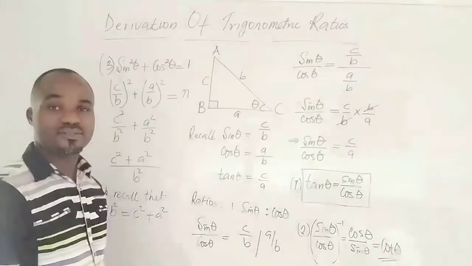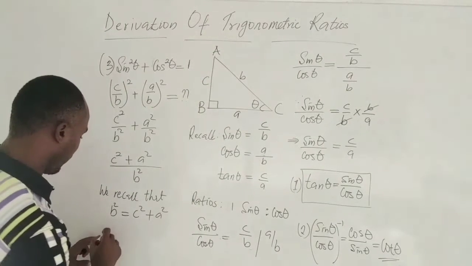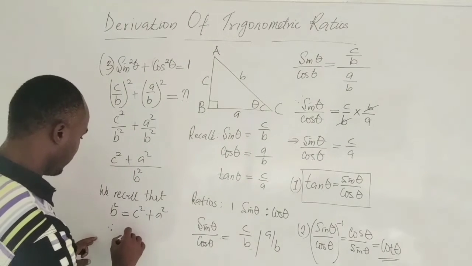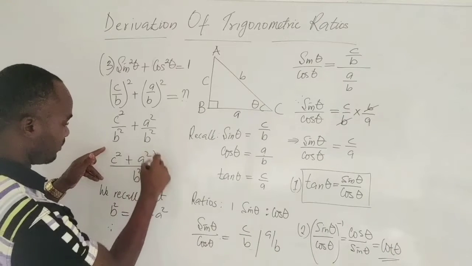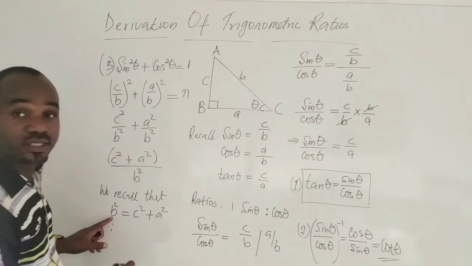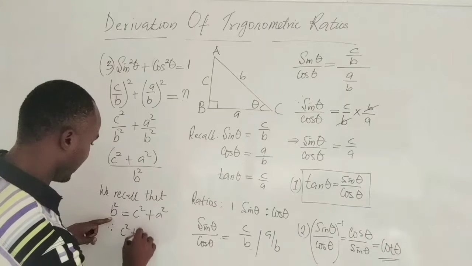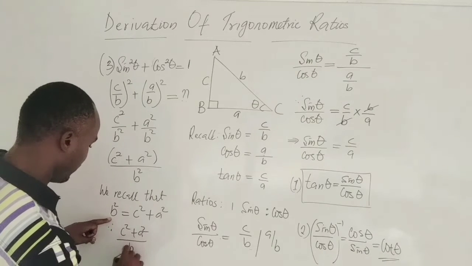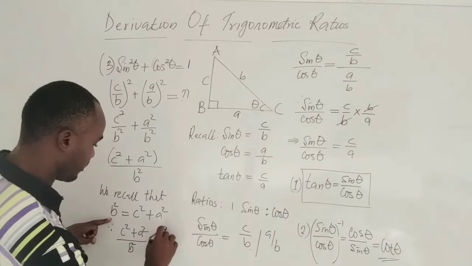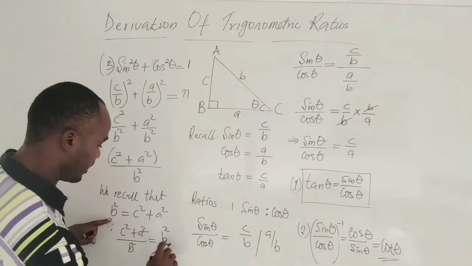Therefore, we substitute B squared. So we have C squared plus A squared all over B squared is equal to B squared all over B squared. And that gives us 1.